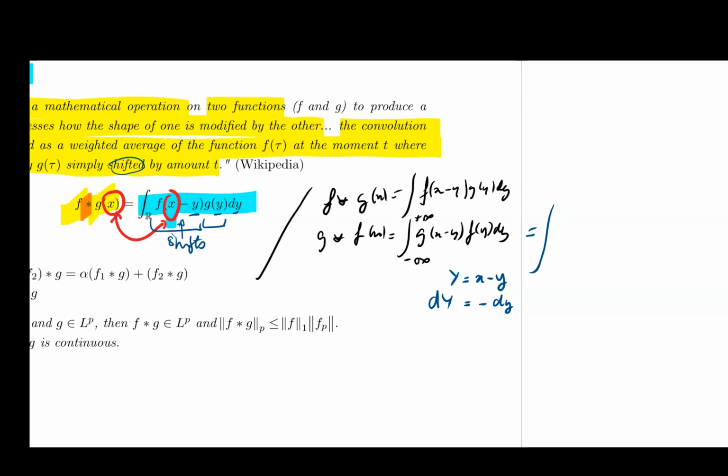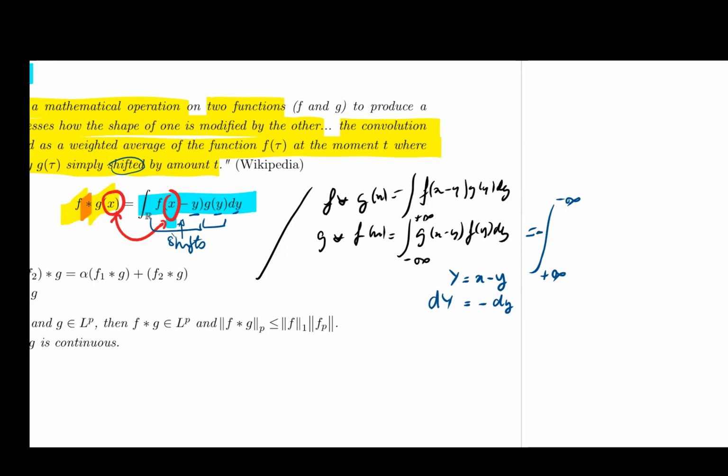When small y is negative infinity, big Y is going to be x minus negative infinity, so x plus infinity, as x is supposed to be any bounded value. So that makes it go from plus infinity. And the upper bound is going to be small x minus plus infinity, so x minus infinity, which is minus infinity. Right, so those are the bounds.